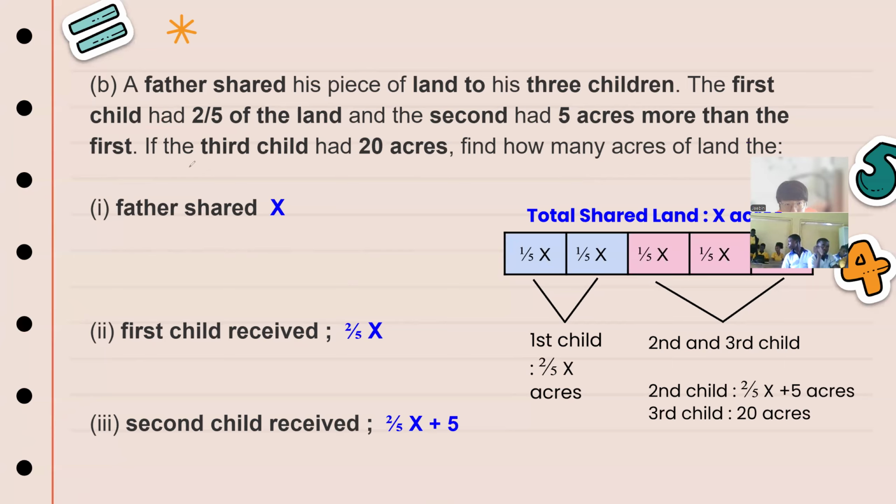If the third child had 20 acres, find how many acres of land the father shared. So the question is asking for the amount of acres the father shared.